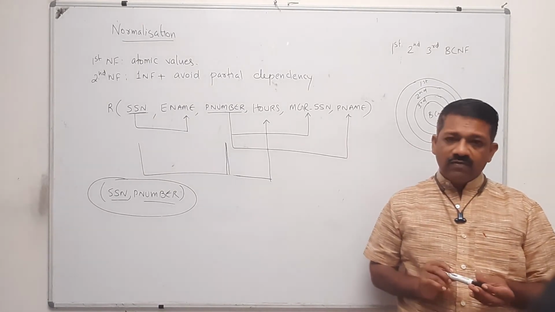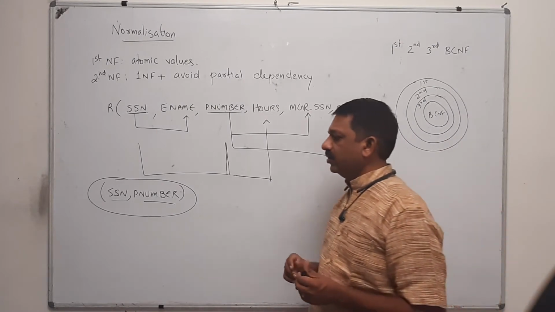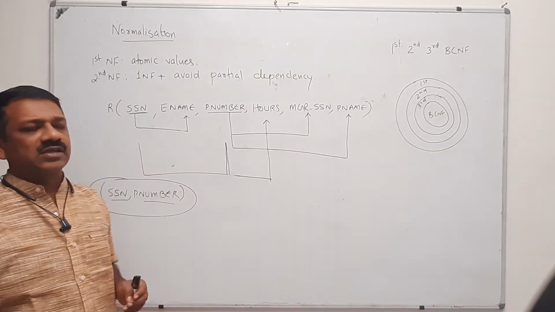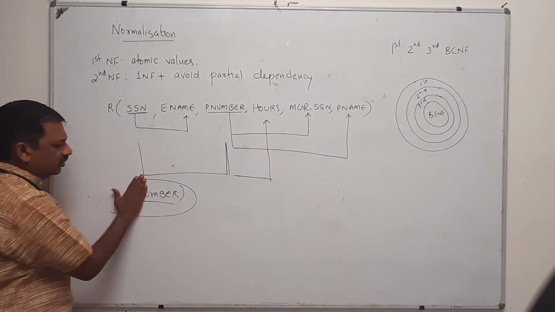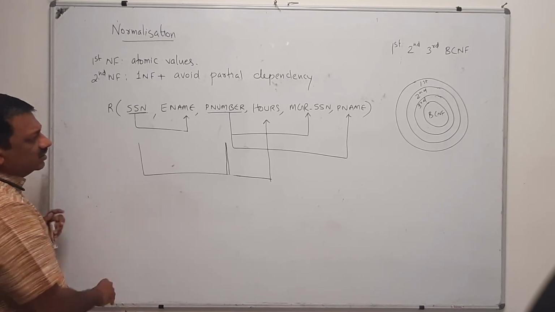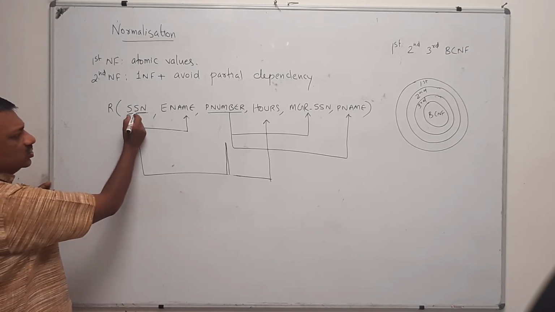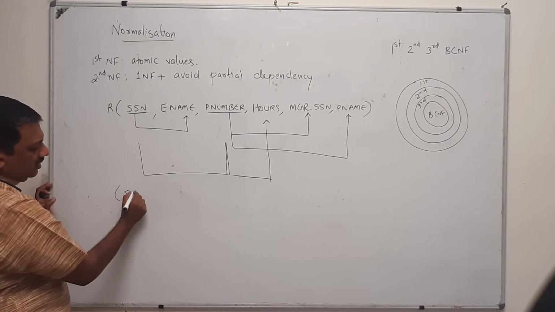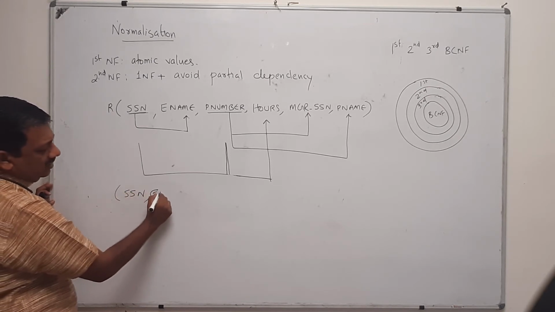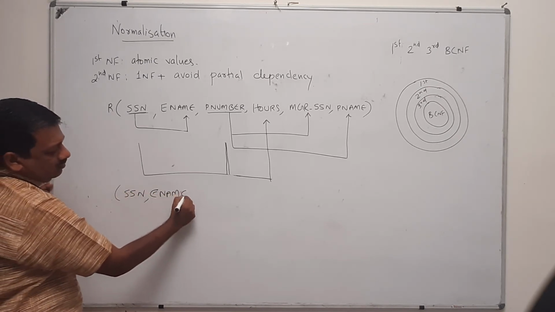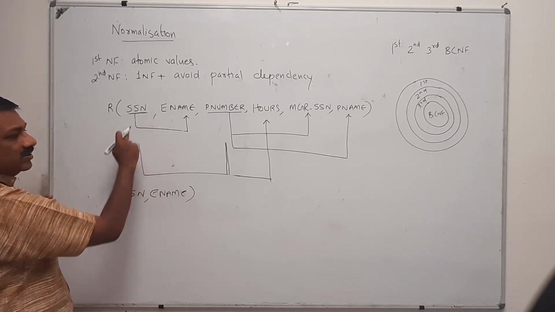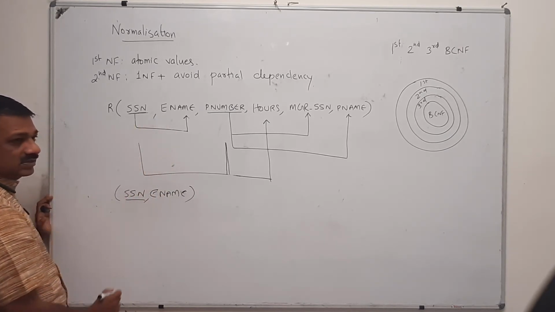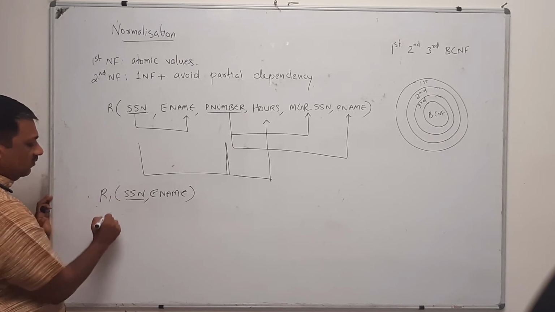For that, what method are we going to use? We are going to split this table into 3 tables. That means you should have a table like SSN and E name, because this E name depends on SSN, and here SSN is the primary key. That is relation 1.